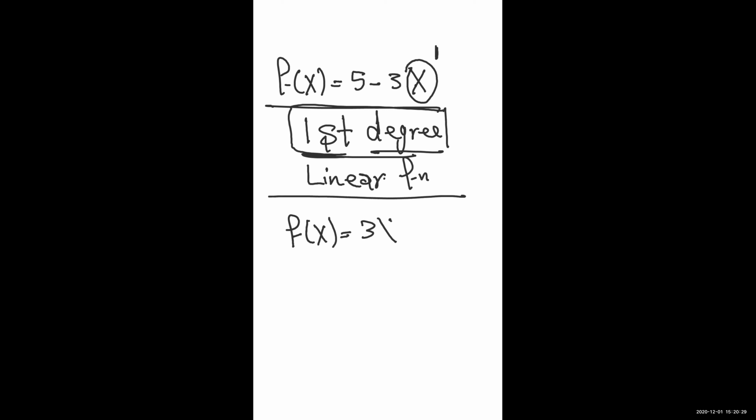The second one, if it's f of x equals 3x minus x squared. So where are the variables, x and x squared? Which one is the highest power? Of course, x squared. So second degree, which is quadratic. Okay, one more.